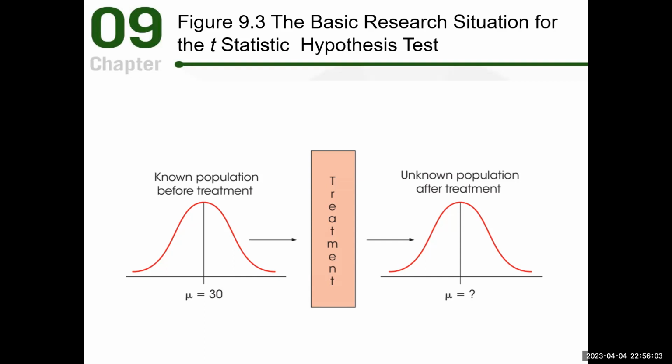Okay, so with the t-test, what we remember, we do not know the population standard deviation. Okay, and so when you don't know the population standard deviation, and many times we do not have an idea of what the population standard deviation is, we may know the mean at times, but we do not always know the standard deviation. And so with that, we're going to use the t-test because we have to estimate that standard deviation.